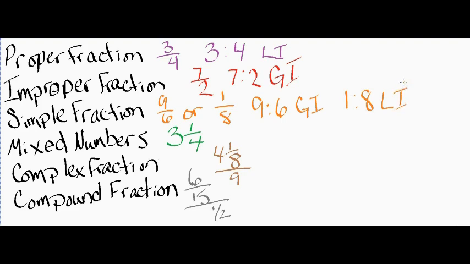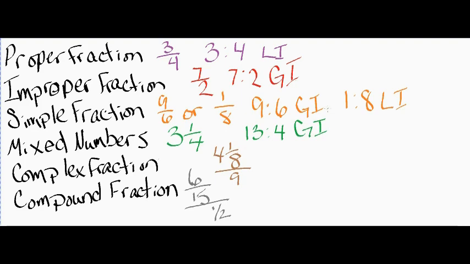Now in a mixed number, we have to then convert a mixed number into an improper fraction, which is going to give us an antecedent of 13 and a consequent of 4. The antecedent clearly is larger, so we have greater inequality.